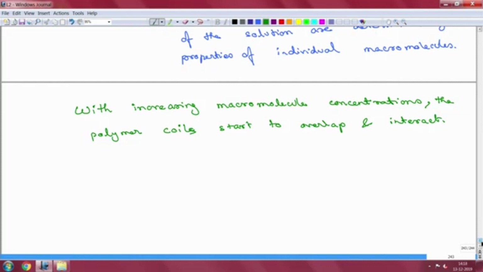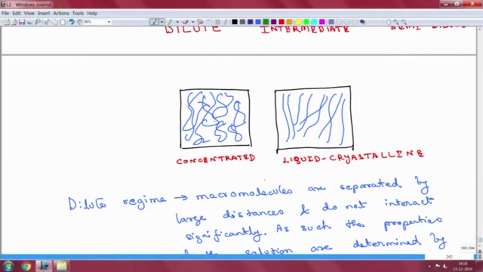And one of the final states that we drew is called the liquid crystalline state.